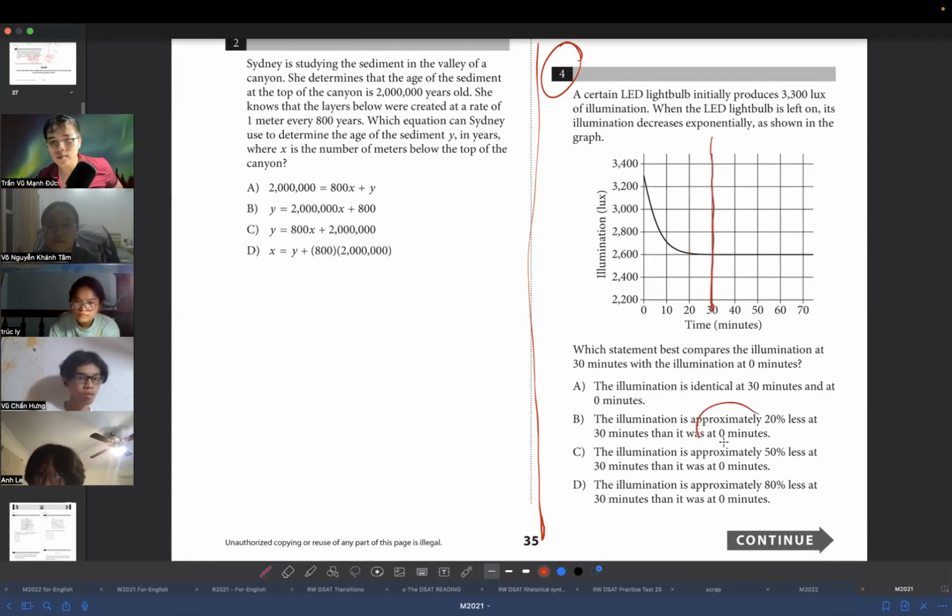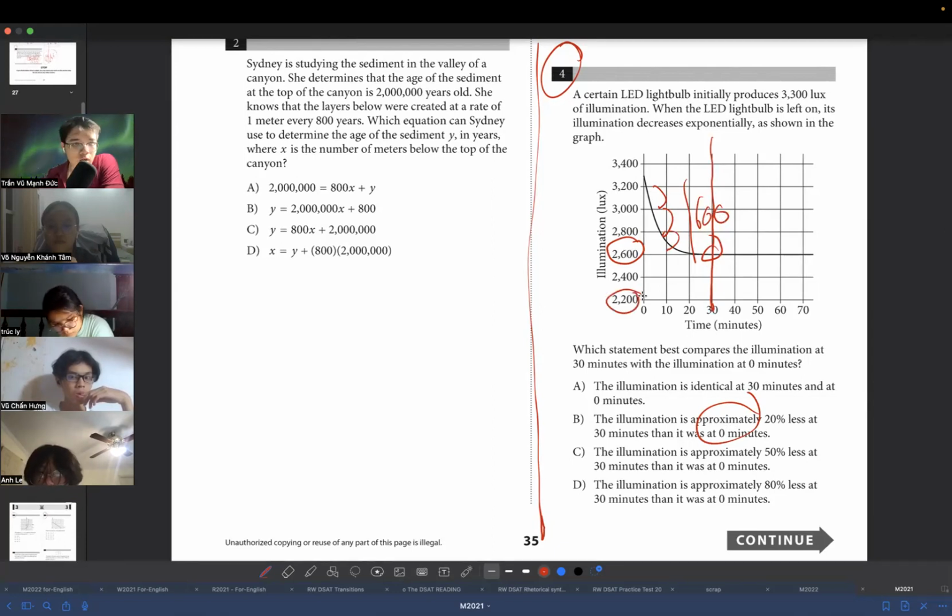And if they say approximately, I would just assume at 30 minutes it will be 2600. So this will be a decrease of about 600. But be wary because this doesn't start at 0.